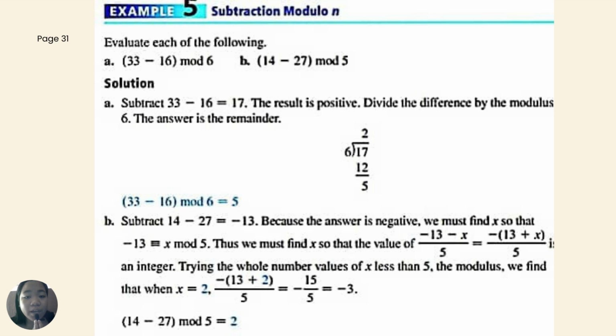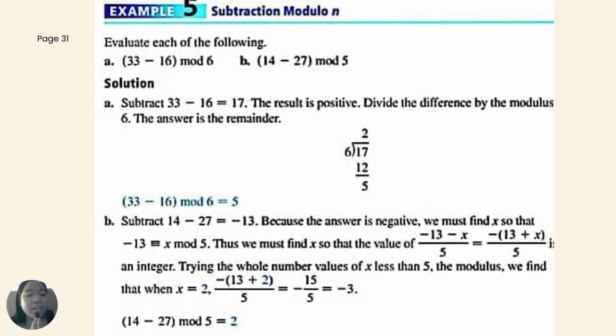So we will divide the difference. Ilang difference class o ang 17, and then we will divide it sa aton nga modulus, which is ang 6. So 17 divided by 6, 2 times 6, 12. 17 minus 12, we will get 5, and 5 there is our answer.